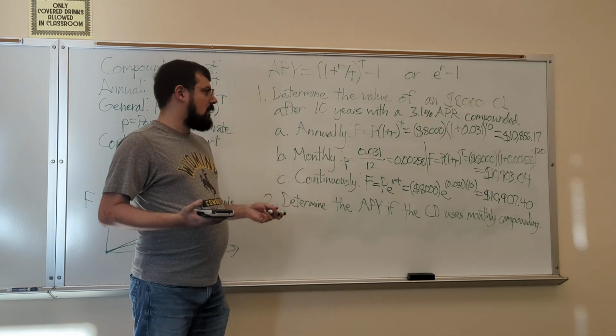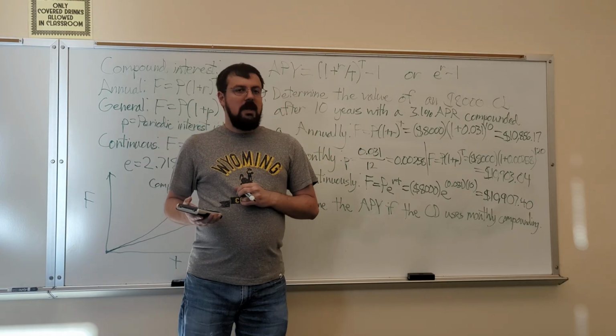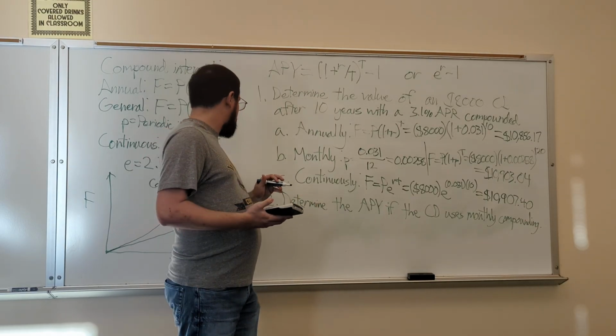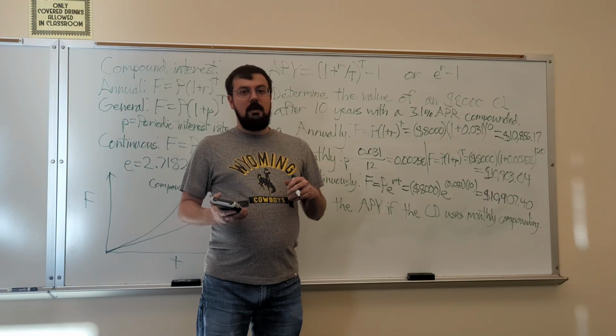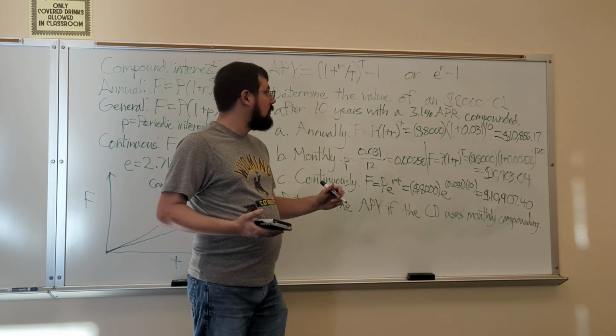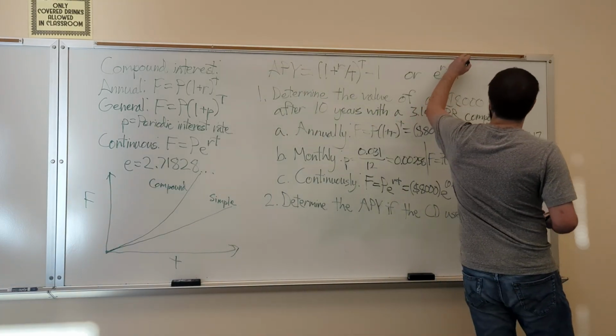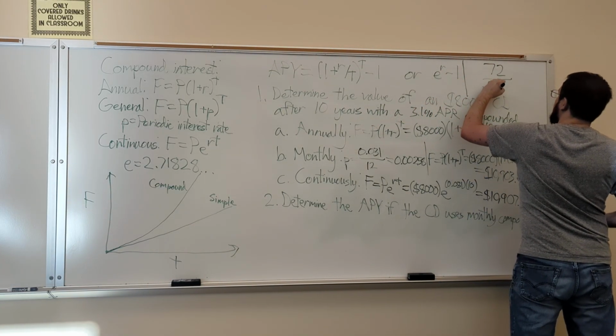So this concept brings us to what we call the rule of 72. And basically the rule of 72 just states that we can approximate the amount of time that it takes the value of something earning compound interest to double by just taking 72 and dividing it by our APR.